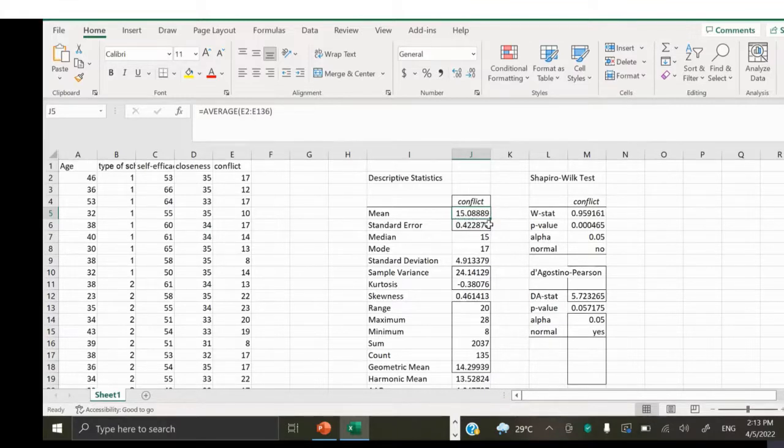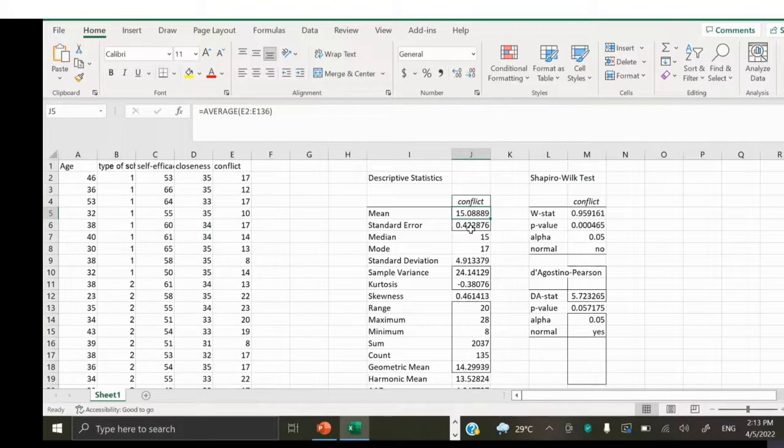So 0.08 would become 0.09, or you can report that as 15.09. Okay, so this is now the standard error.